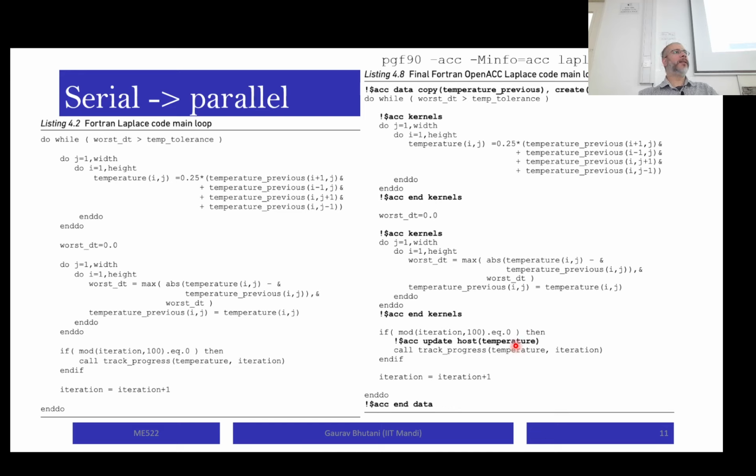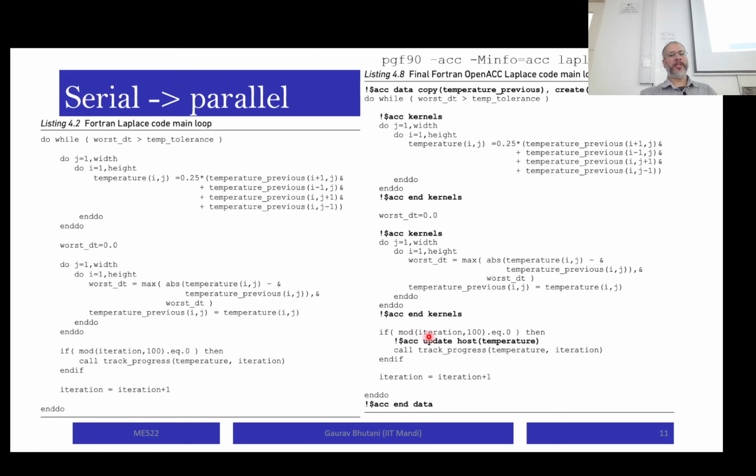If you did not have it, you would have printed zeros all the time, and that is a bit confusing. But if you have an ACC update every time outside this if condition, for every iteration you are copying temperature, and that slows your program, because there is no need to copy the temperature matrix every time from the device to the host in every iteration, because you only want to copy when you want to use it on the host.